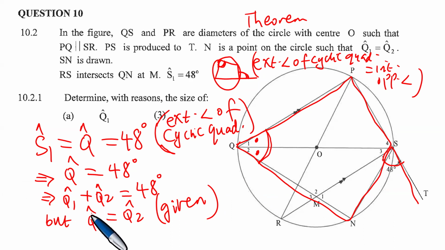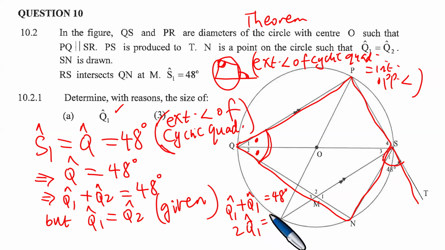With that mentioned, we want only Q1. So wherever there is Q2, we shall put Q1, so that we have Q1 plus Q1 equals 48 degrees, so that 2Q1 equals 48 degrees.